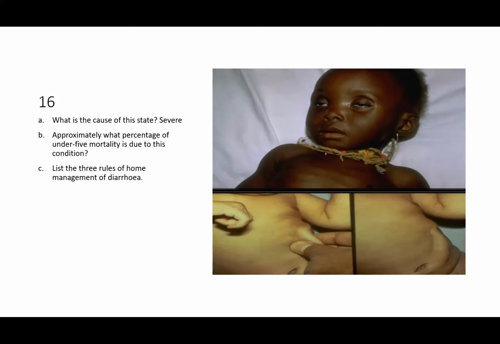Now, approximately what percentage of under 5 mortality is due to dehydration? Okay, you should know that up to 16% of under 5 mortality is due to severe dehydration. List 3 rules of home management of diarrhea. Hand washing, number 1.